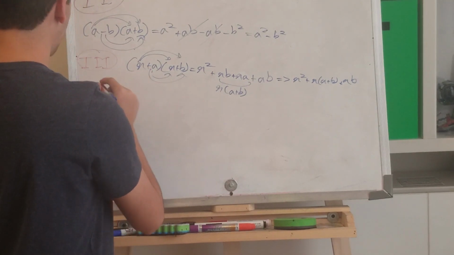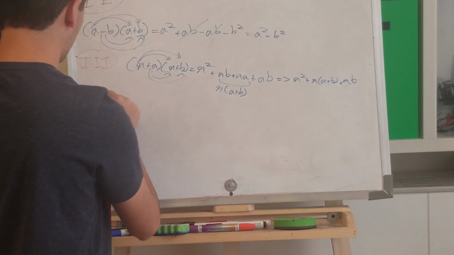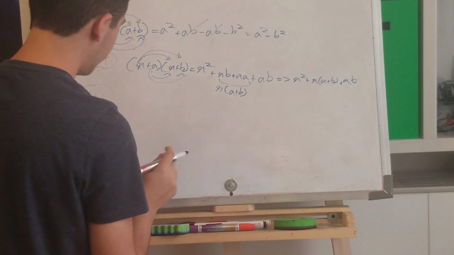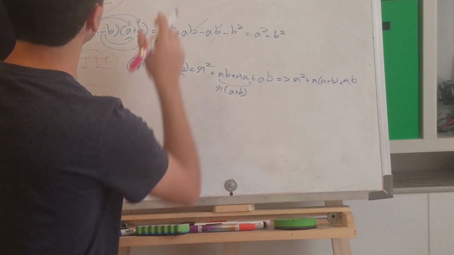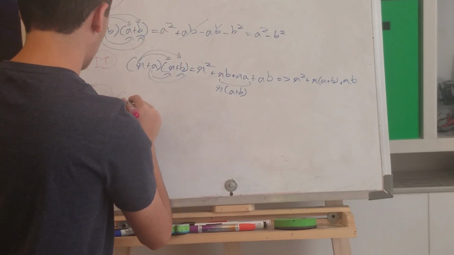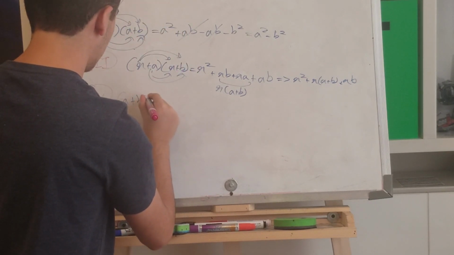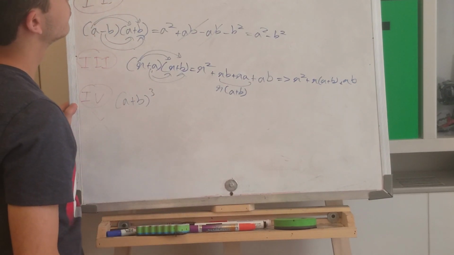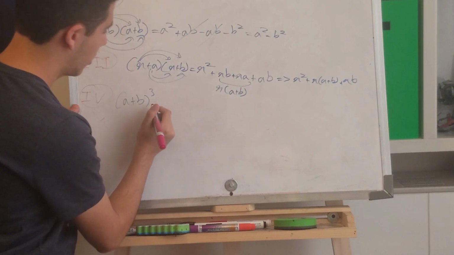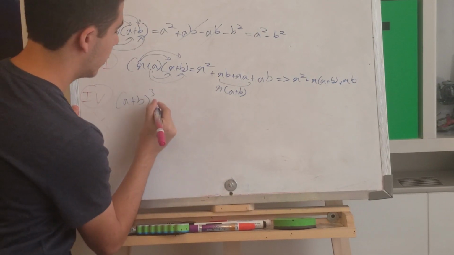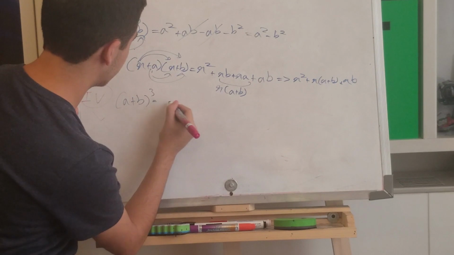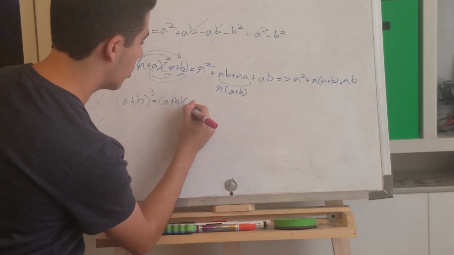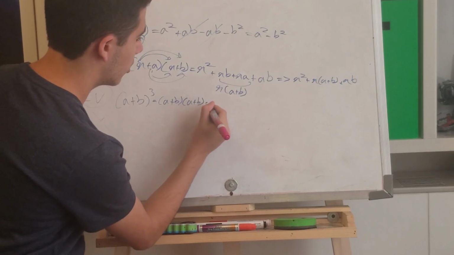Now, the fourth. What was it? (a plus b) cubed. So eventually, this is what you'll get: (a plus b)(a plus b)(a plus b).